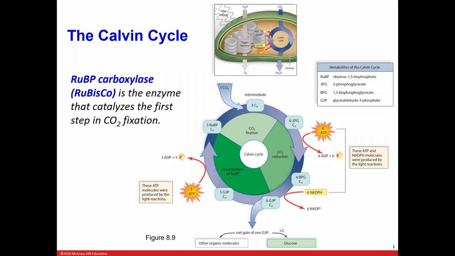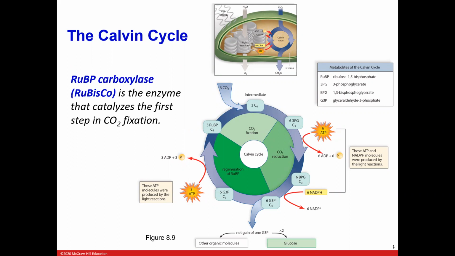So instead of 3 6-carbon molecules, we have 6 3-carbon molecules, okay? ATP comes in and donates a phosphate group, causing the change, and now we have 6 BPG, which are 6 3-carbon molecules.